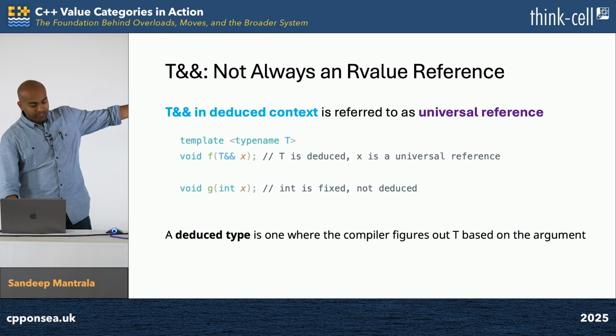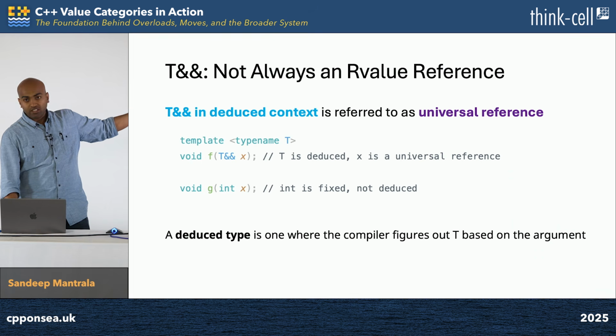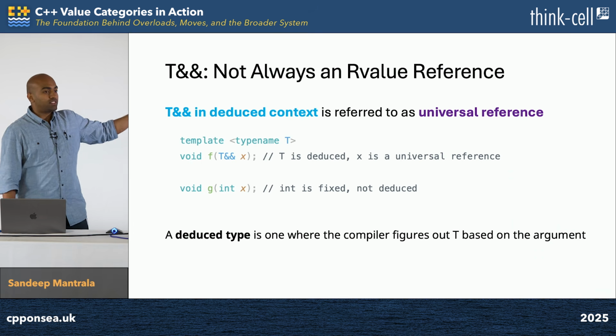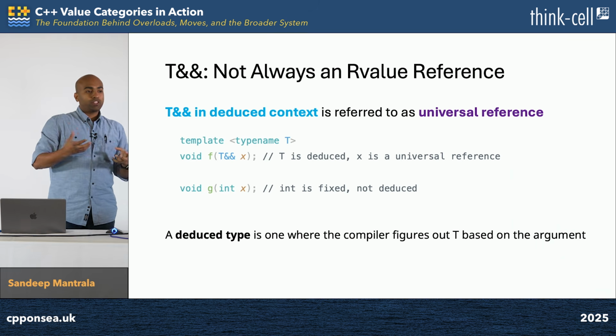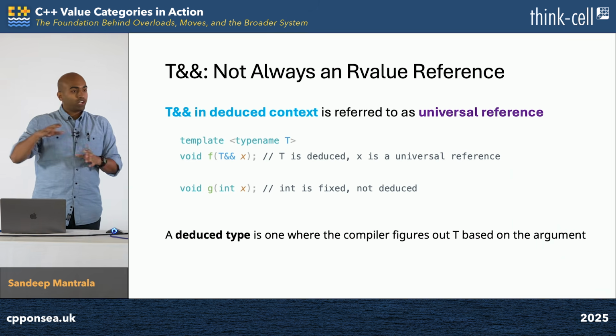Okay, so here we have two examples. In the first, the T is deduced, right? The template code itself does not have any type to it. When you try to instantiate this template by using some concrete types, then the T is deduced on the run. So this is a special case, because in the library we want to be able to write generic code which works for all kinds of value categories.